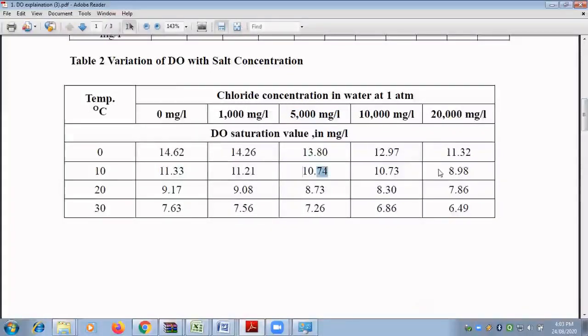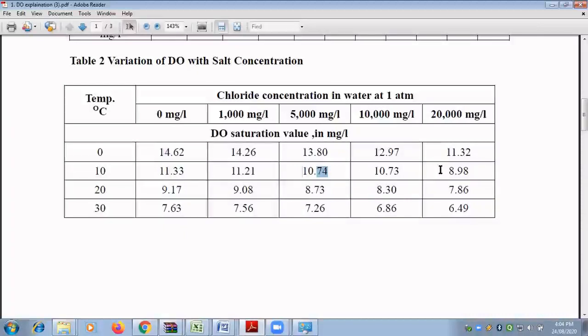And similarly, for 20,000 mg per liter of chloride concentration, the DO saturation value comes out to be 8.98, right? If we concentrate on the trend, we get to know that as the salt concentration increases, the DO saturation value will go on reducing.